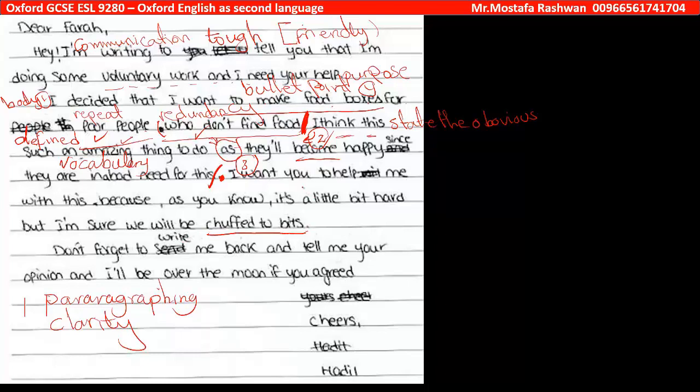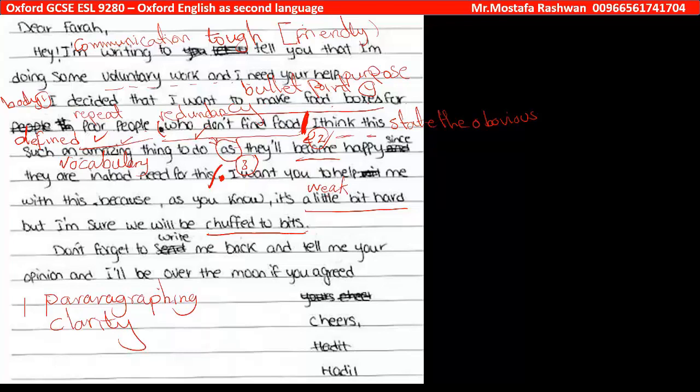But as you see here, he told his friend that he wanted him to help him. Why? Because he told him that it's a little bit hard. Is this a logical reason? Is this a strong way to persuade your friend to participate in this kind of work? Sure, no. Definitely no. It's a really weak reason.